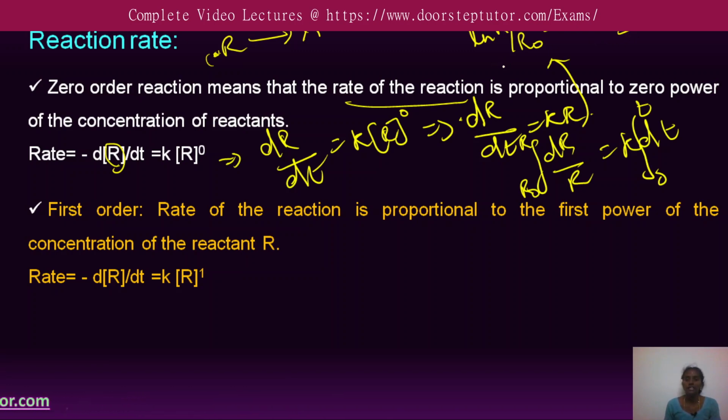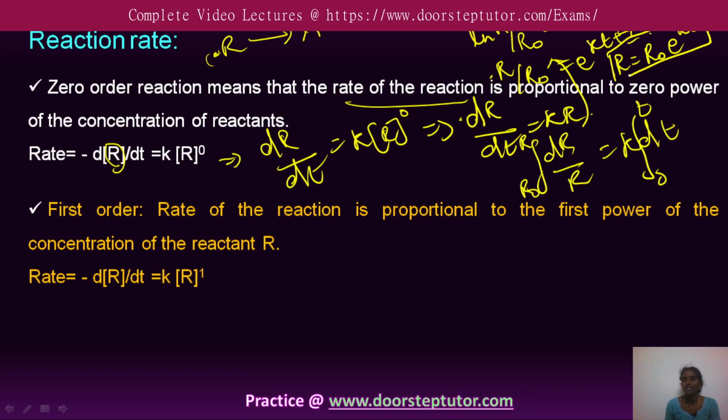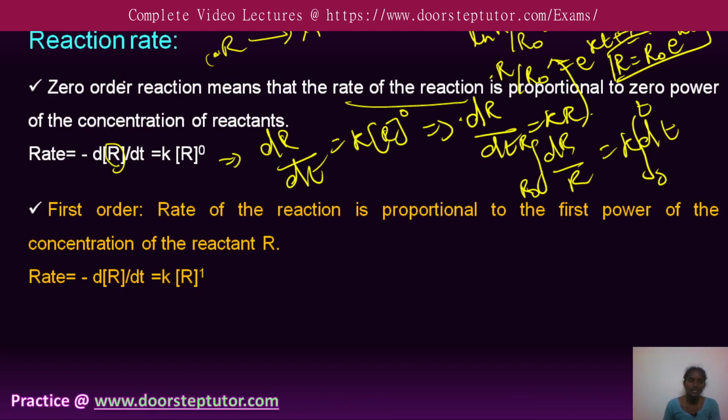Taking the antilog, R by R naught is equal to e power kt plus I, or R is equal to R naught into e power kt. This is the zero order expression for the rate.